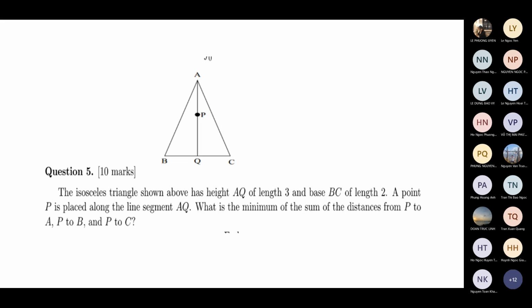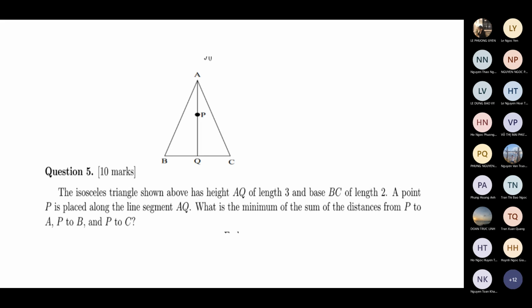I got some solution here. Now, let me check. Yeah, your solution is correct, of course. Another way, maybe we call PQ just x. We introduce another variable, x here is just PQ. It's okay, no problem.